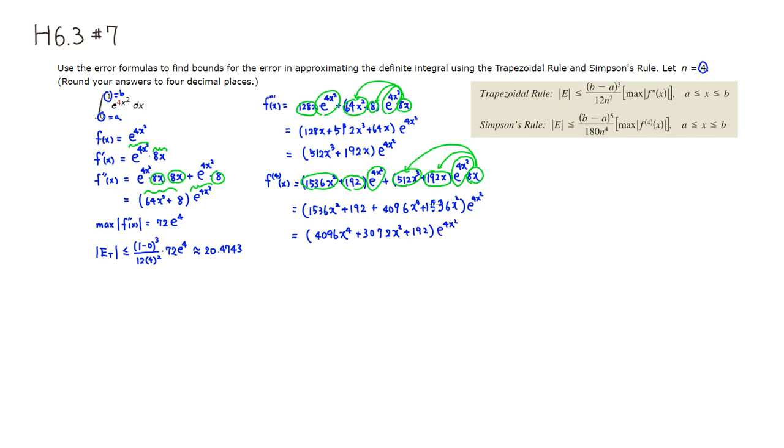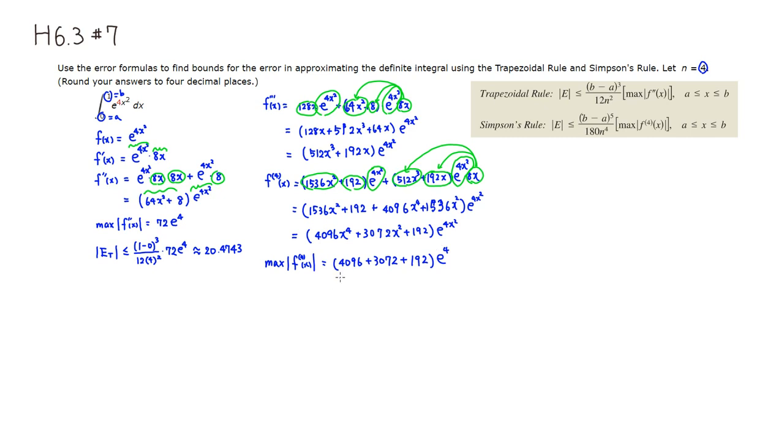Alright, finally, we can talk about the maximum of the absolute value of the 4th derivative of f of x. So this is an increasing function. I'm going to plug in 1. So 4096 plus 3072 plus 192 e to the 4th power.